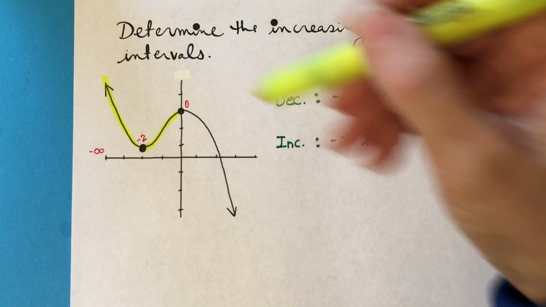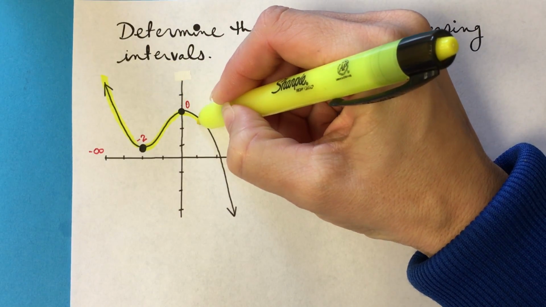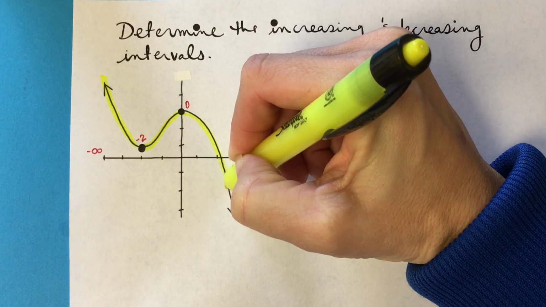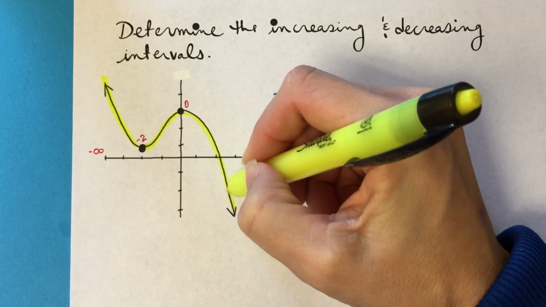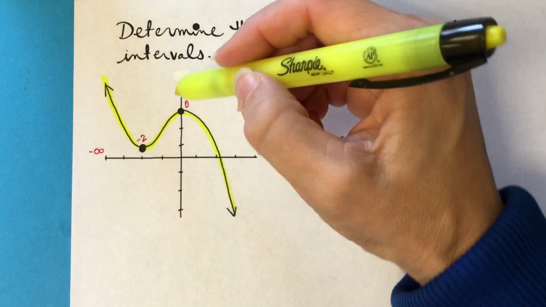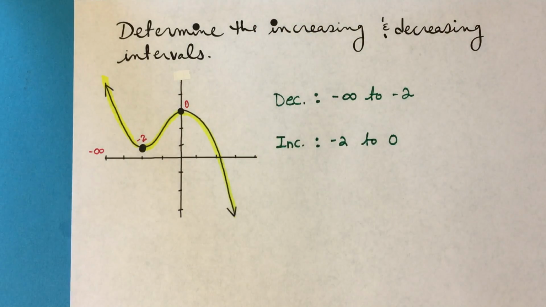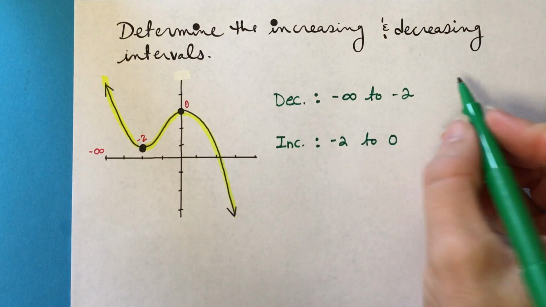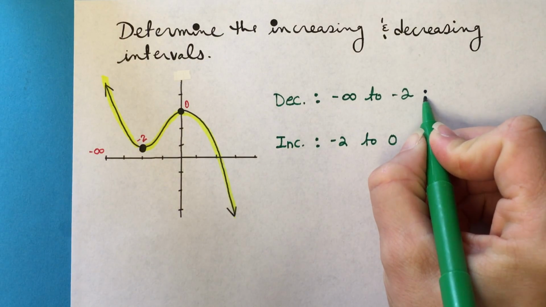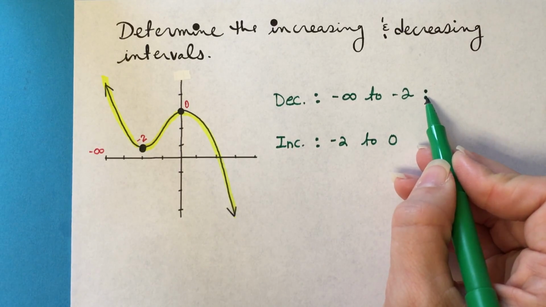Now, once I leave this point, I start going back down, and I'm just going to continue going down forever, because this graph keeps going down forever. So I've switched back to a section that's going down, which means decreasing. Back up here on decreasing, you can put a comma or semicolon, whatever you want, just to put a separation right here.